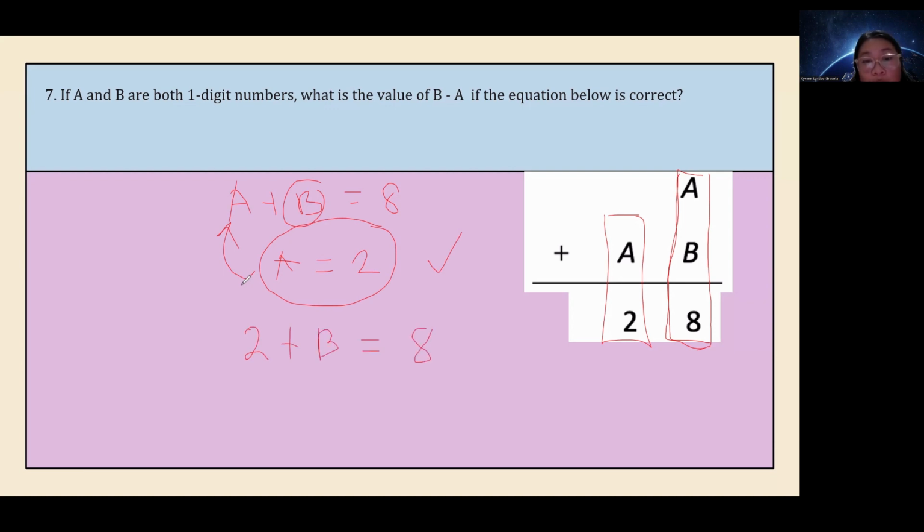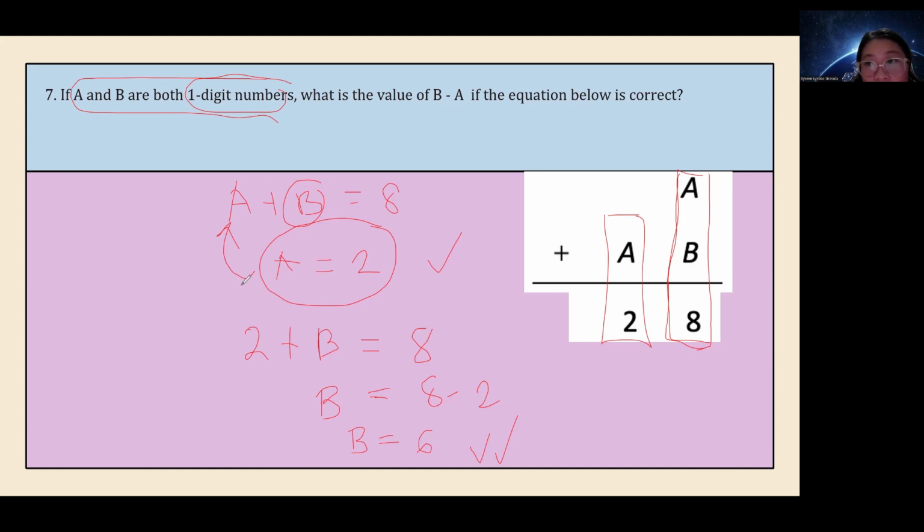Now we will have to work backwards. So we just have to subtract 8 minus 2. Of course, B is equal to 6, which is still a one-digit number. So the condition is satisfied, right? So A is 2, B is 6.